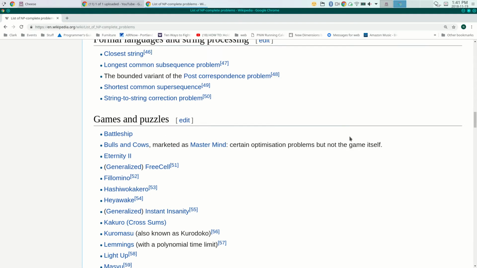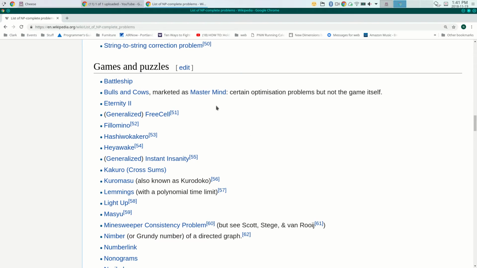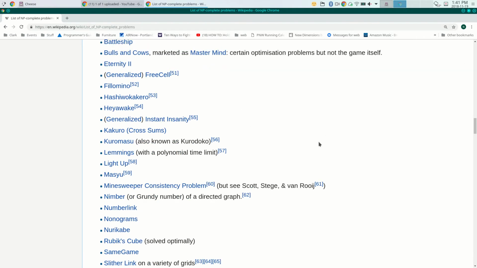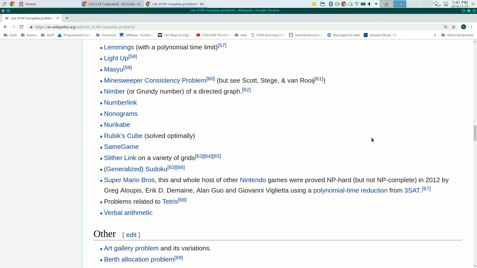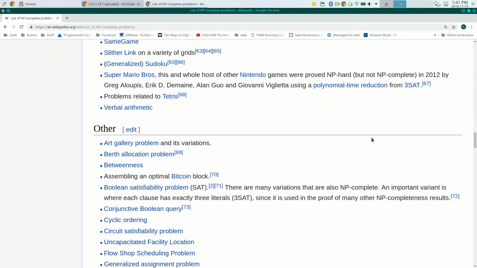There's some string processing. There's Battleship. There's Mastermind. There's Minesweeper, Rubik's Cube, Slitherlink, Super Mario Brothers. There's a whole bunch of problems, right? And these are all computationally equivalent to traveling salesperson in terms of complexity.